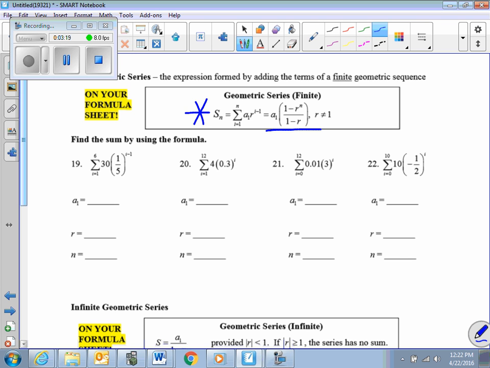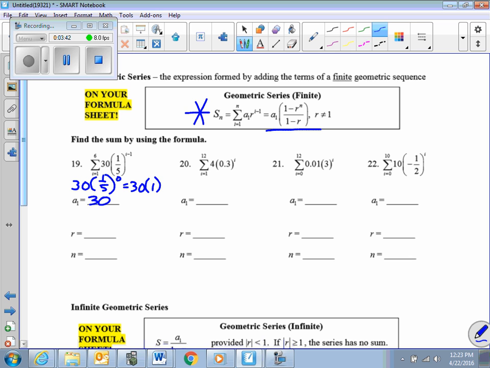What's a sub 1 here? What is the first term? Well, we have to plug in 1 for i. So the first term is going to be 30 times 1/5, and 1 minus 1 is going to be 0, right? So 1/5 to the 0 power is 1, so 30 times 1, and a sub 1 is 30.